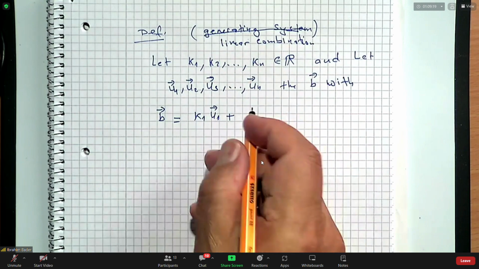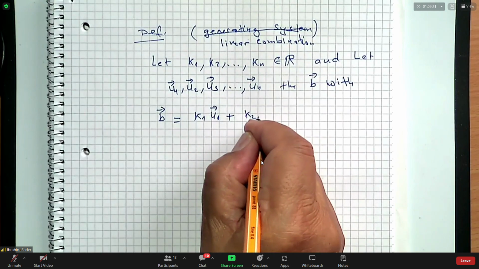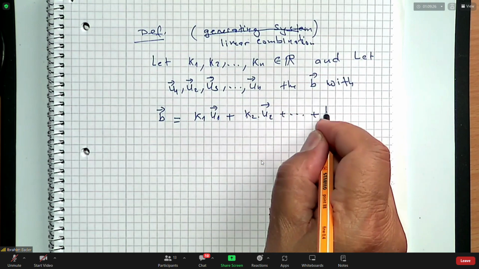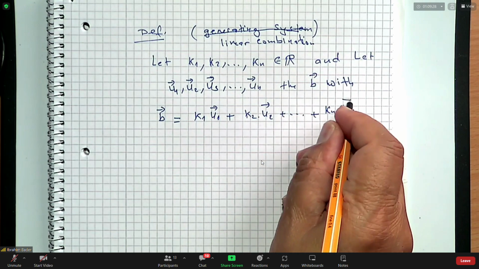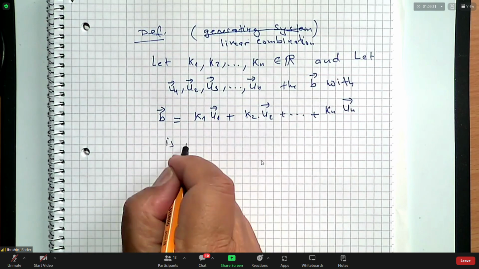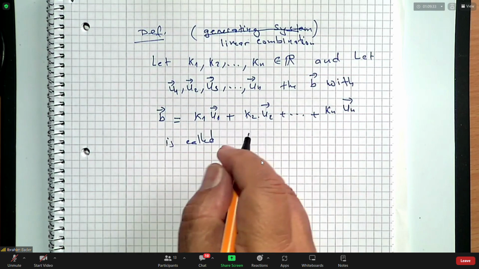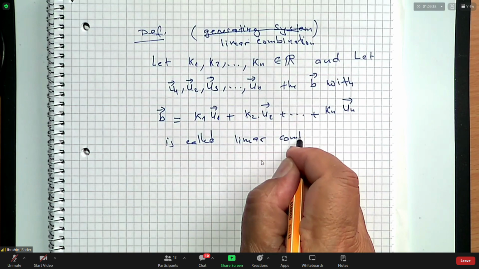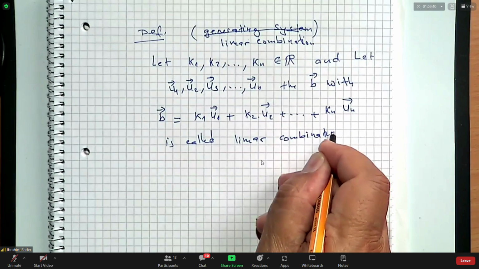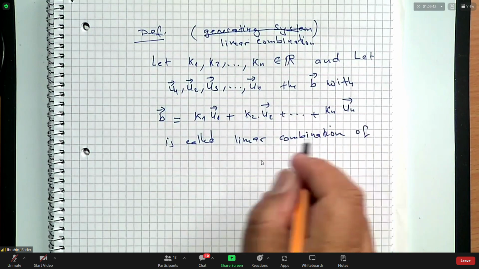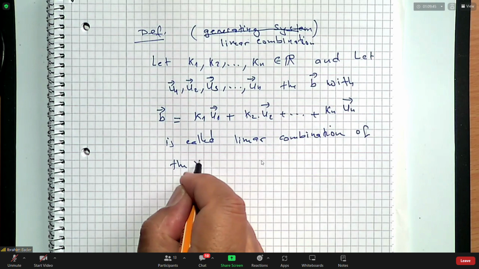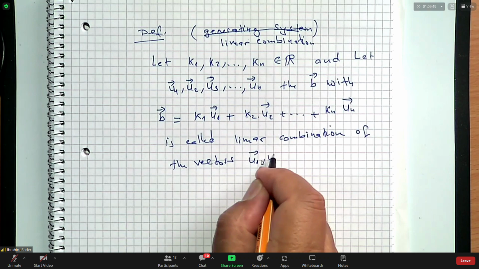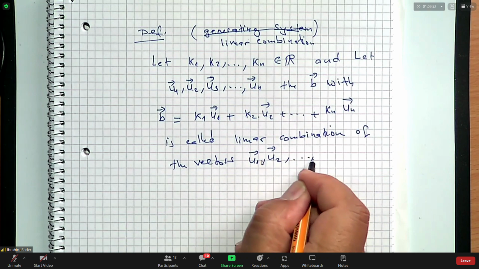Sorry, just correcting this: k2 multiplied by u2 and so on. This vector P is called a linear combination of the vectors u1, u2, and so on.